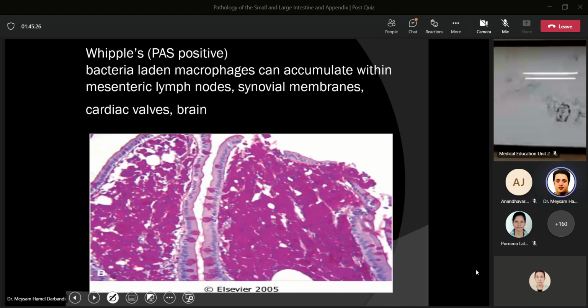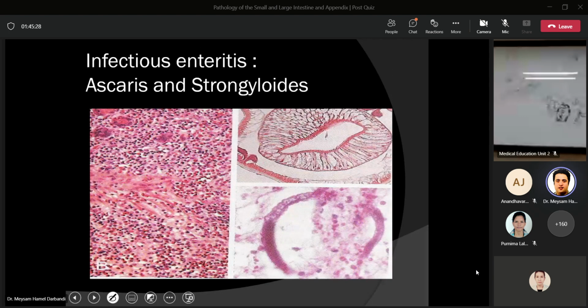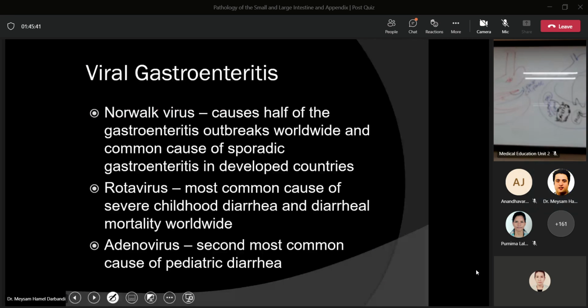Let's go to infectious enteritis, such as Ascaris, and I think you have parasitology this semester, right? Yeah. Strongyloides. So viral gastroenteritis: Norovirus causes half of the gastroenteritis outbreaks worldwide and is a common cause of sporadic gastroenteritis in developed countries.